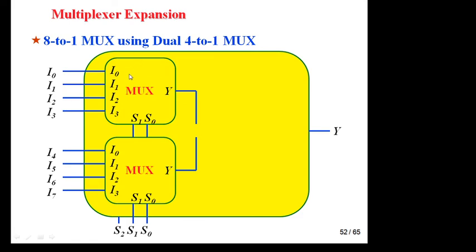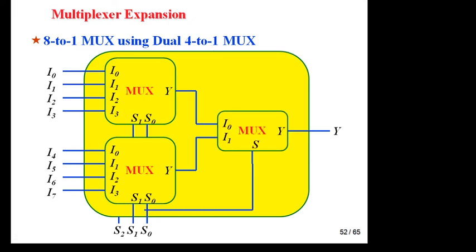So two 4:1 multiplexers will be used, for I0 to I3 and I4 to I7, and for the output you can use either an OR gate or a 2:1 multiplexer.